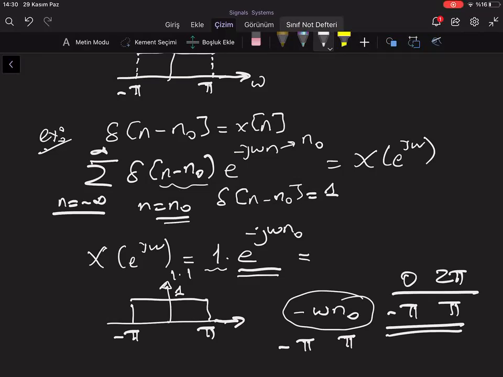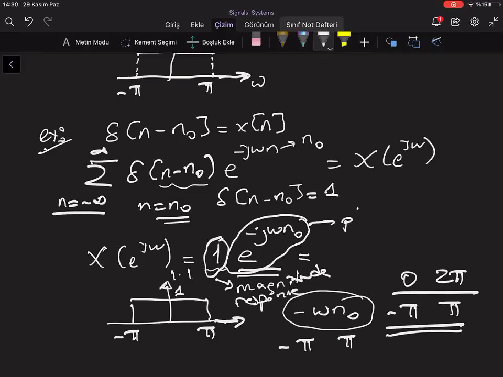So I hope you understand this is the phase shift term. This is the absolute value magnitude term. This magnitude is called magnitude response if it's a filter, okay? Magnitude response. And this part will be my phase response. Magnitude response will give me the information how much the magnitude of this signal is effective.